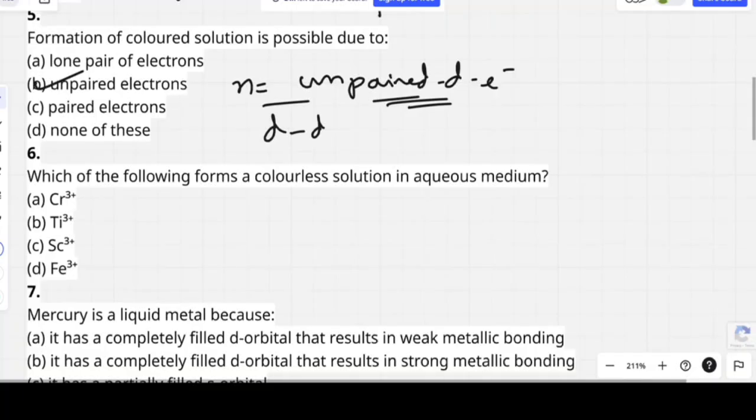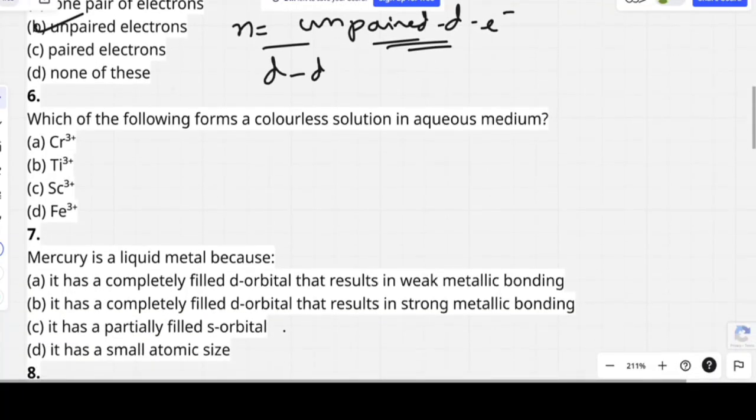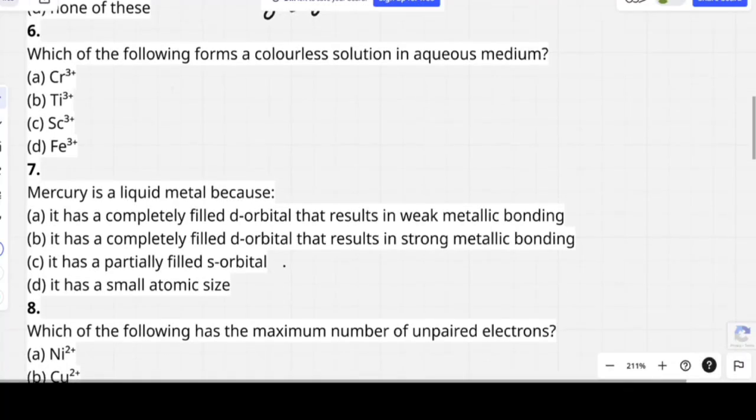Next I move to question number 6. Which of the following forms a colorless solution? Already I explained. If a transition metal contains unpaired electrons, if n is equal to 1, 2, 3 like that, then it exhibits color.